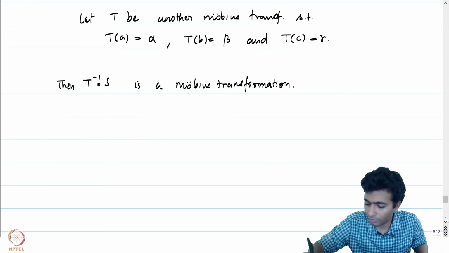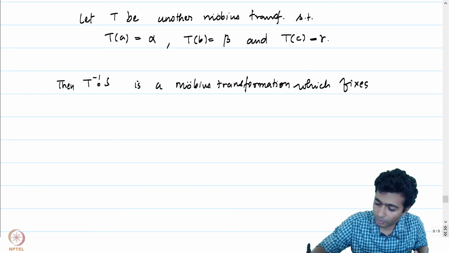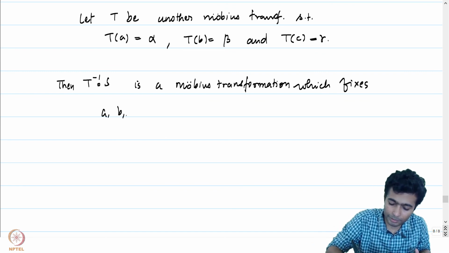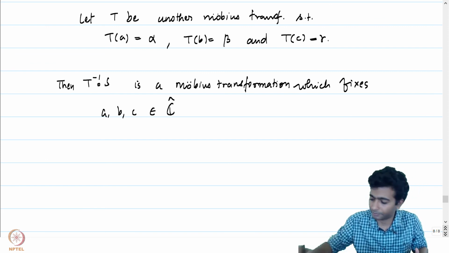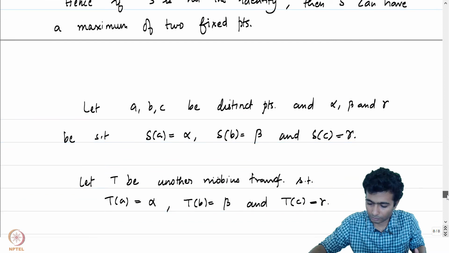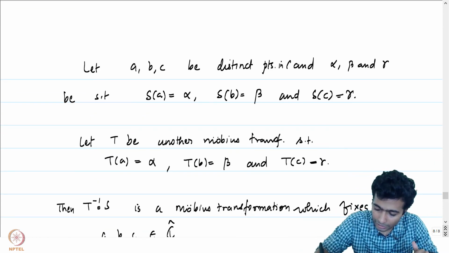It fixes three distinct points A, B, C in the complex plane, actually in C hat. So I could have taken three distinct points in C hat.